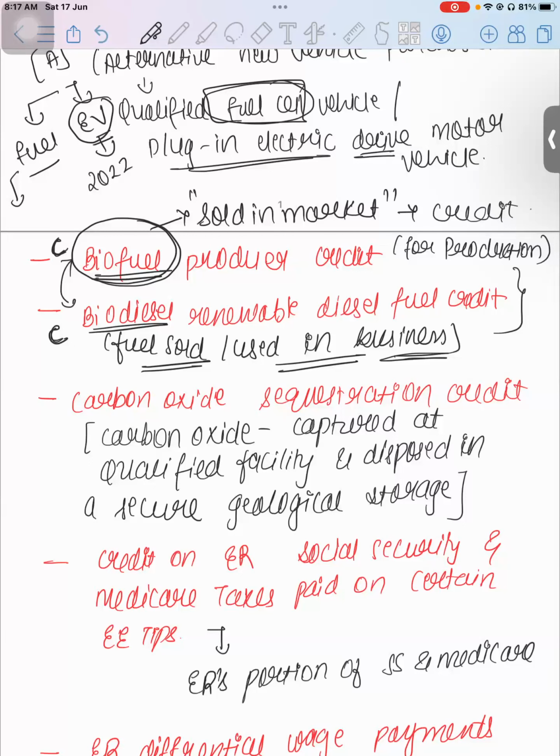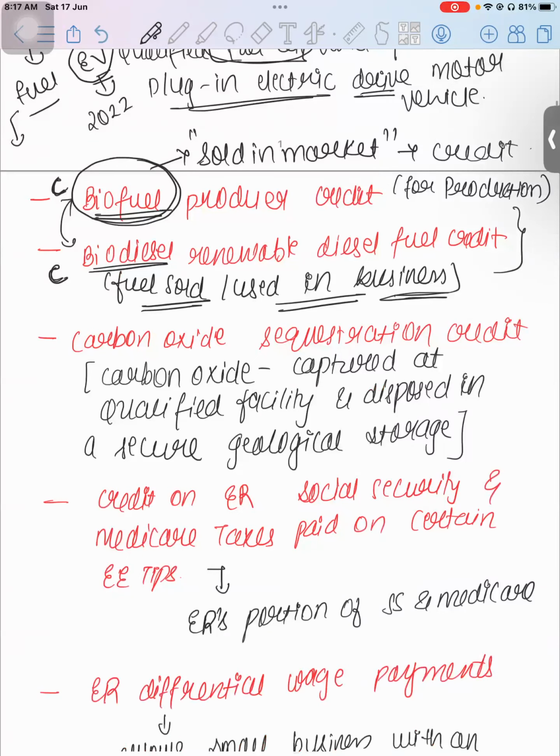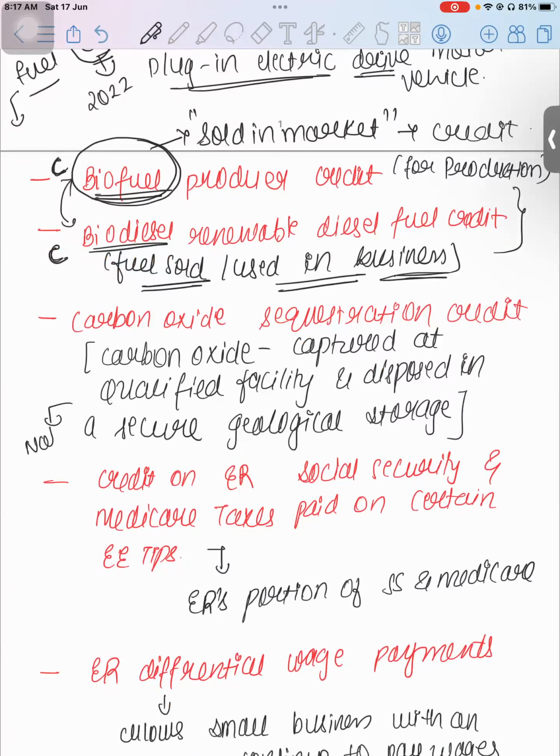It means, if you're doing some production and there are carbon oxide gases or some disposal which is actually harmful, and you are disposing of it in a secure geological storage, or that waste is used in a natural gas recovery project, you are protecting the environment by not disposing of that harmful waste into the environment.